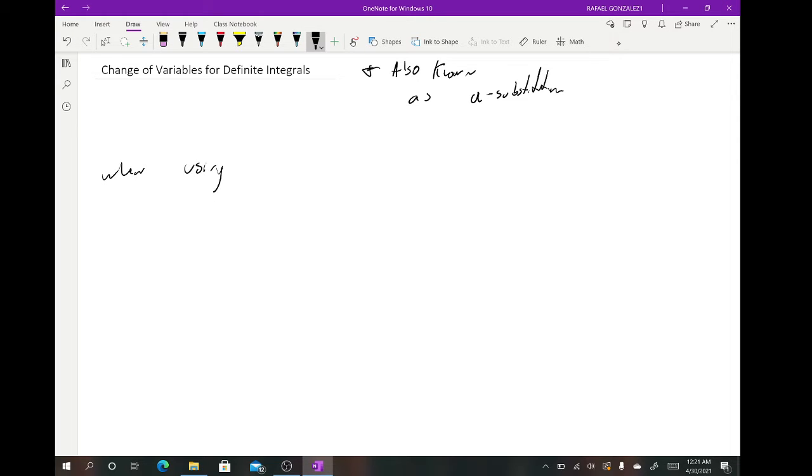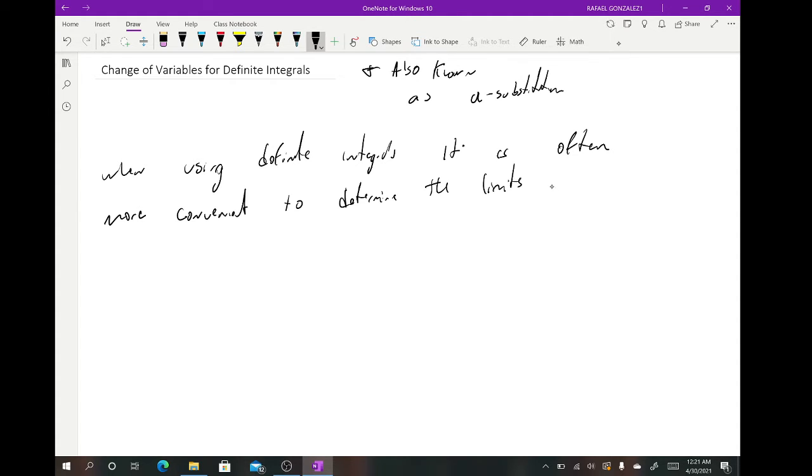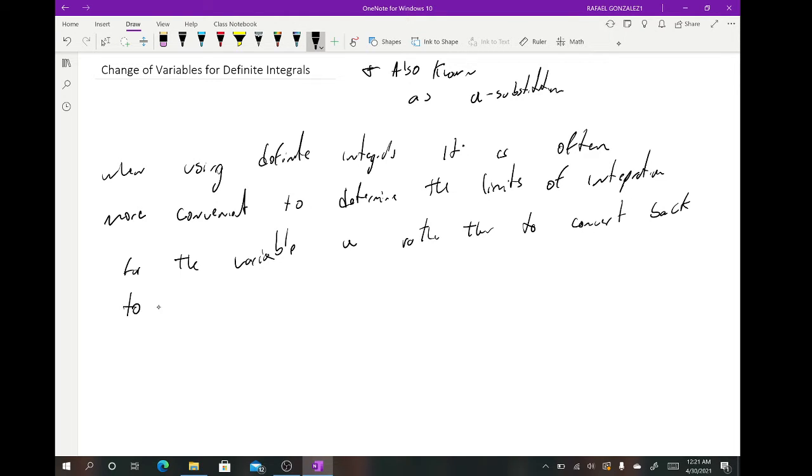So when using definite integrals, it is often more convenient or useful to determine the limits of integration for the variable u rather than to convert back to x.